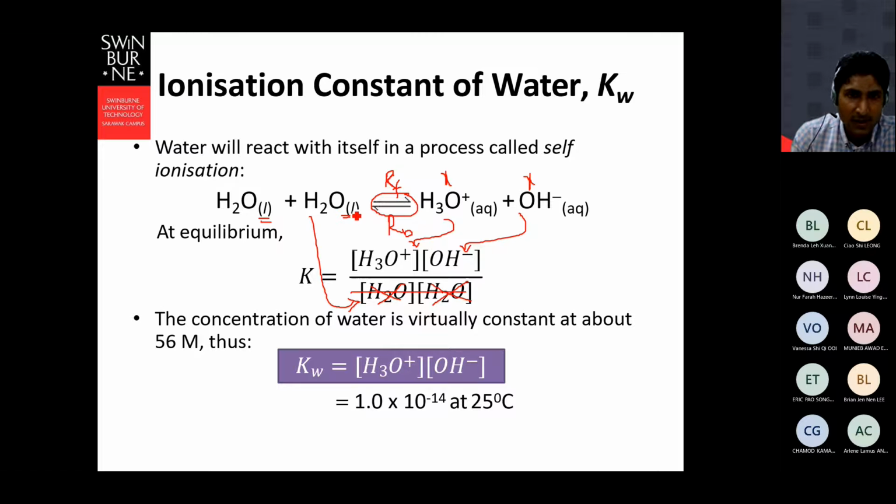So we cannot produce hydronium ion and say, no, I don't want to produce hydroxyl ion. No, it doesn't happen that way. It will automatically come along. So if I produce X, it will be X amount. If there is Y amount of hydronium ion, there will be Y amount of hydroxyl ion. If it is Z amount of hydroxyl ion, it will be Z amount of hydronium ion as well.